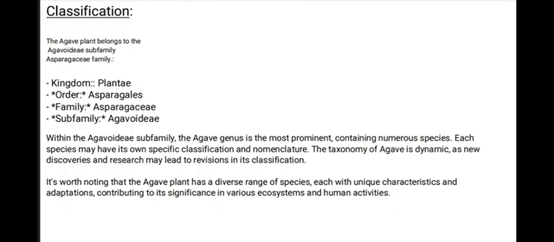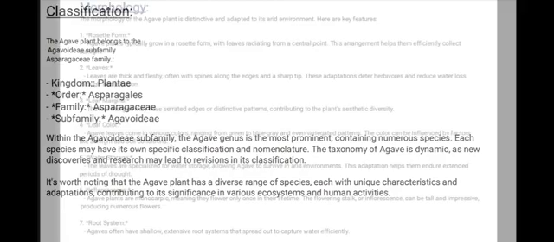Each species has its own specific classification and nomenclature. The taxonomy of agave is dynamic, as new discoveries and research may lead to revision of its classification. It's worth noting that the agave plant has a diverse range of species, each with unique characteristics, adaptations, and contributions to its significance in various ecosystems and human activities.